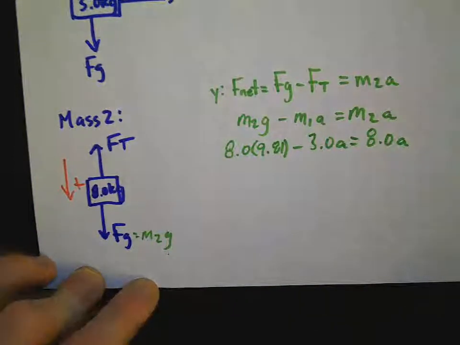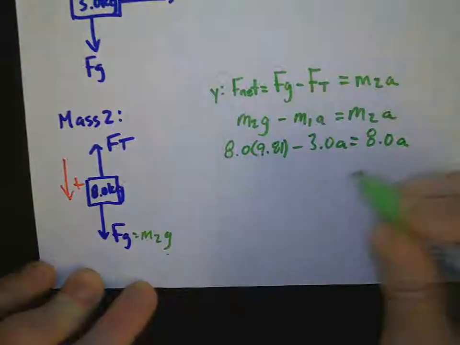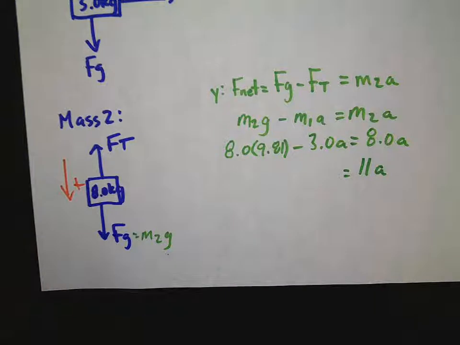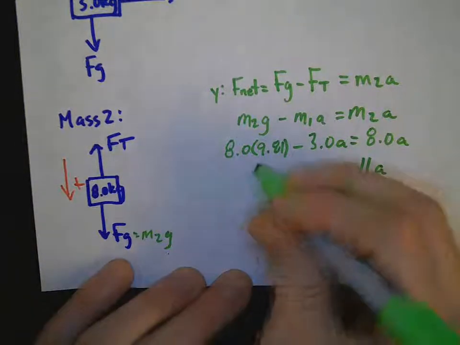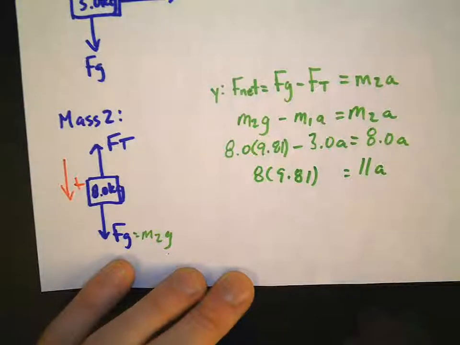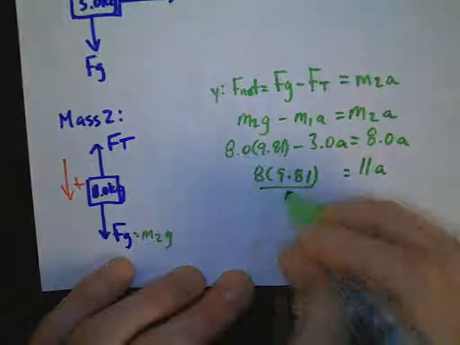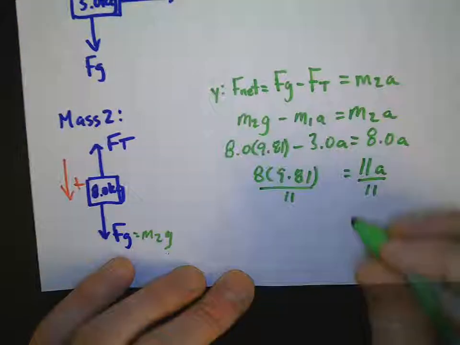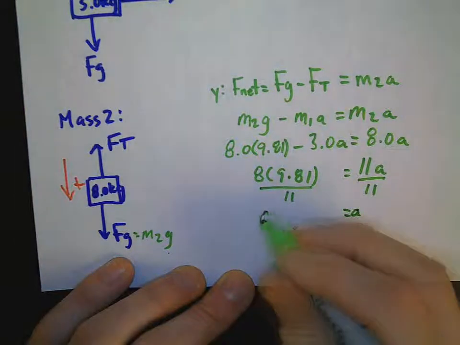Basic solving equations now, which we are all very good at. This gives us 11a is equal to 8 multiplied by 9.81, which for some reason I did not do, but I do have my answer. Divide both sides by 11. And we see that our acceleration in this case is 0.7272.